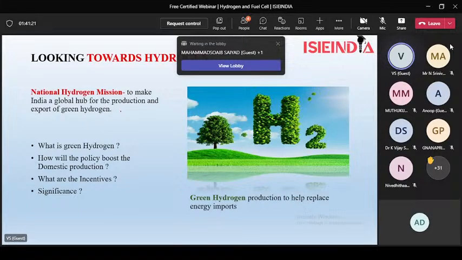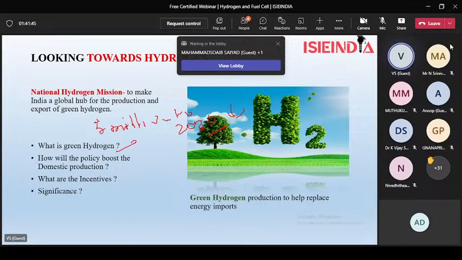They are aiming for production of hydrogen of 5 million tons by 2030. Because of this, the hydrogen cost for fuel cells will be reduced.